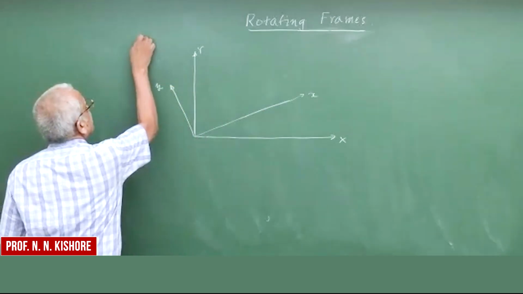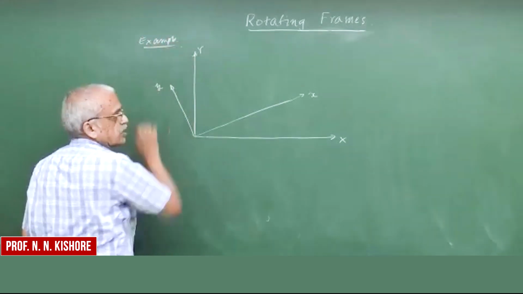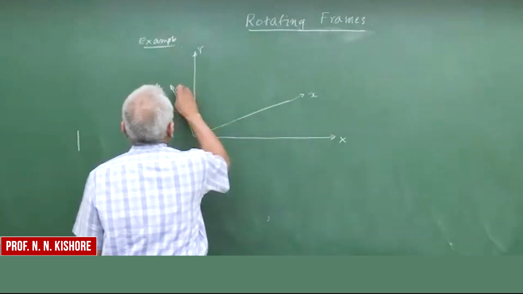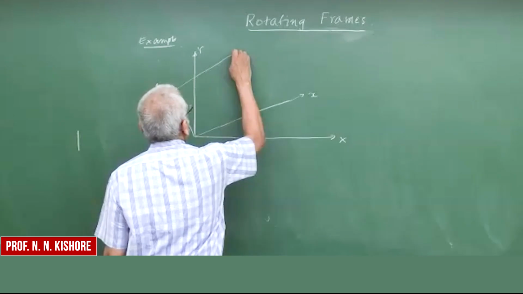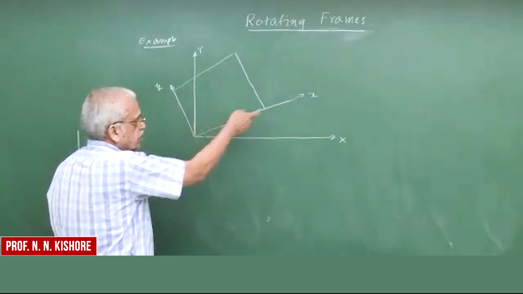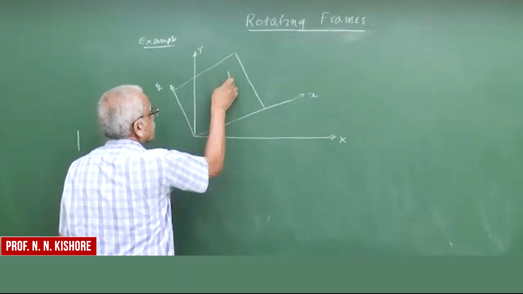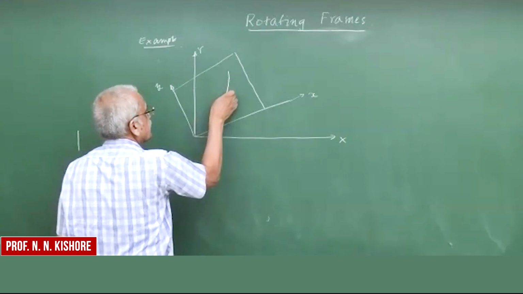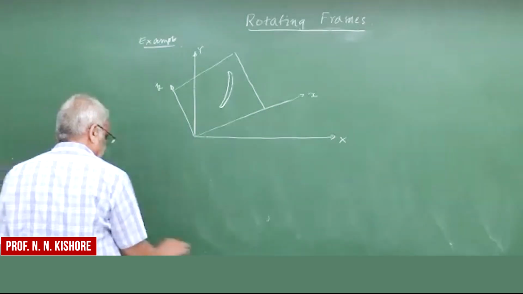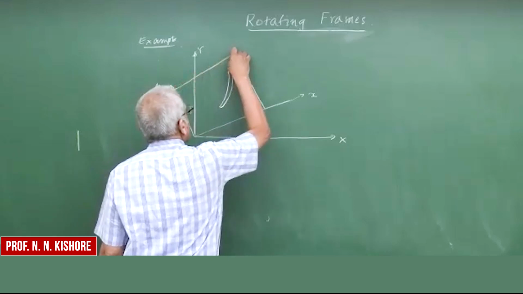So this is, say, another example. So many examples. Okay, now let's assume that I have a cardboard attached to small xy, and then I have a small slot cut in the cardboard.